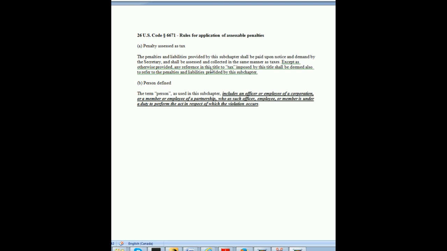Any reference in this title to tax imposed by this title shall be deemed also to refer to the penalties and liabilities provided by this subchapter. So when they add penalties, they change the designation and say, oh, it's just a tax. You owe more taxes now. But what's interesting is when you look at person defined, when they're talking about adding the penalties, it says the term person, as used in this subchapter, includes an officer or employee of a corporation.